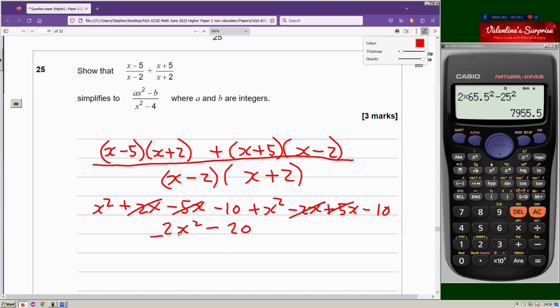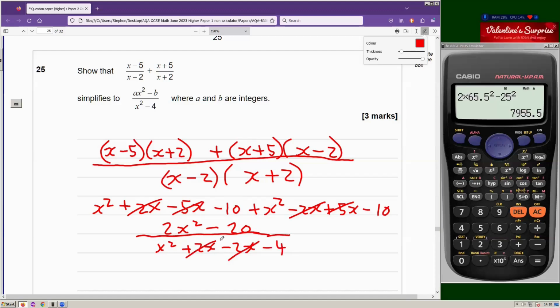Okay, and that's over, I'm going to do it like this, x times x, x squared, x times plus 2 is plus 2x, minus 2 times x, minus 2x, minus 2 times plus 2, minus 4.